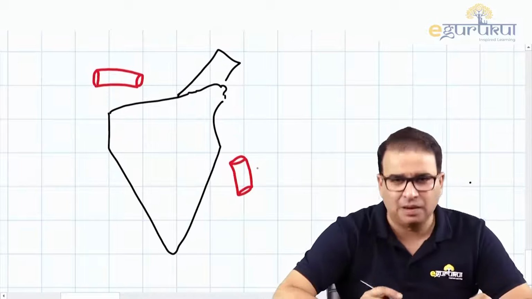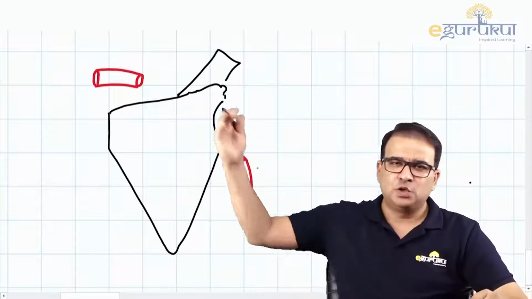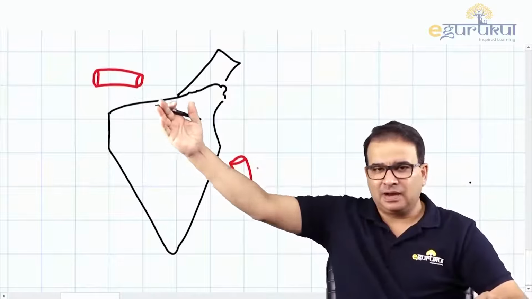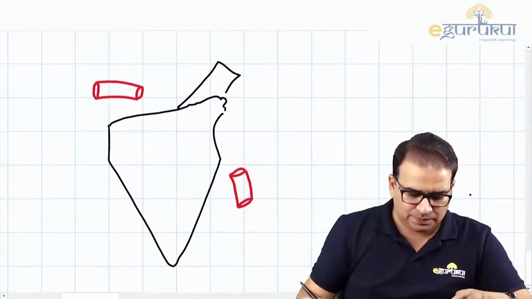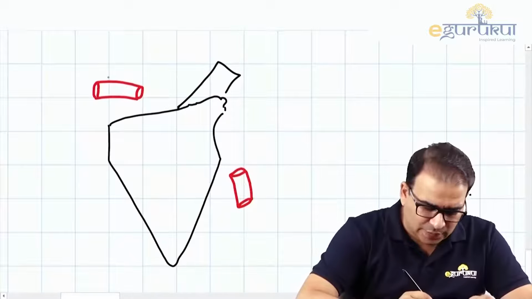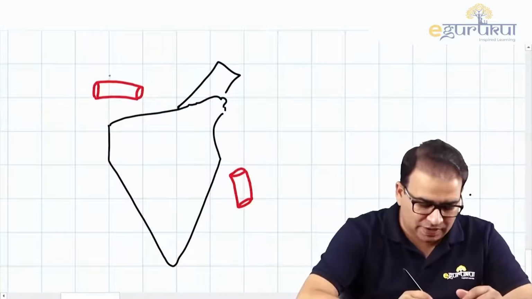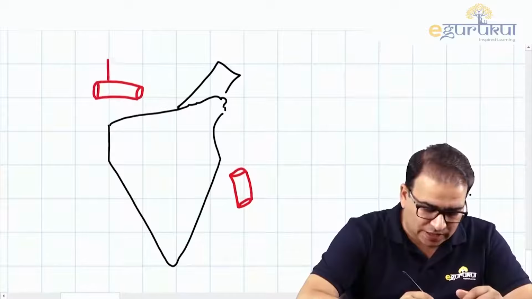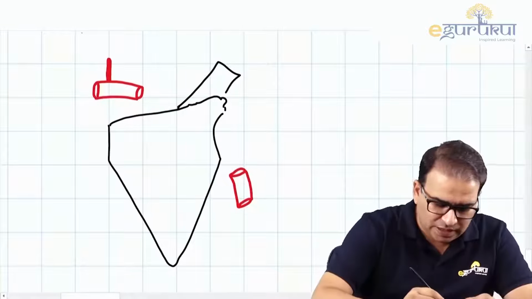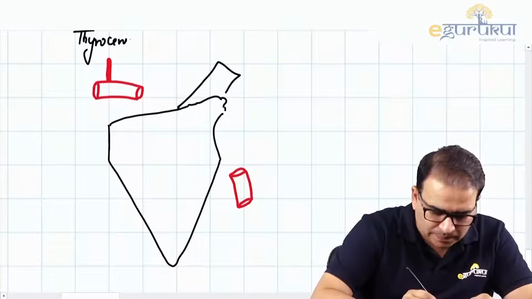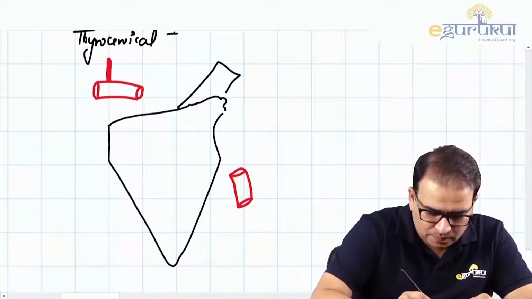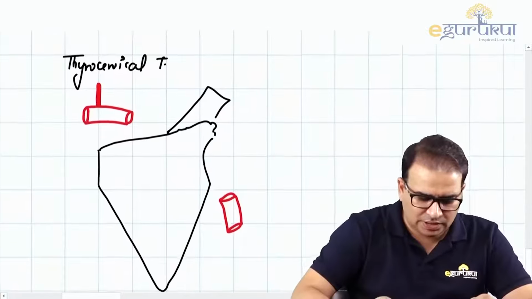I'm removing the middle part just to avoid any confusion. So we have the first part of the subclavian, and then ultimately you are looking at the third part of the axillary artery below. The branch that we said we need from the first part of the subclavian artery is the thyrocervical trunk. Now look at this, guys. Let's say this big trunk coming from here is the thyrocervical trunk.